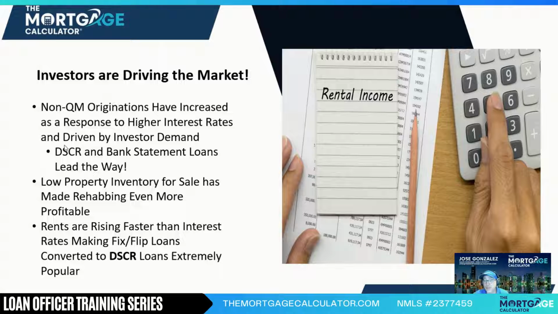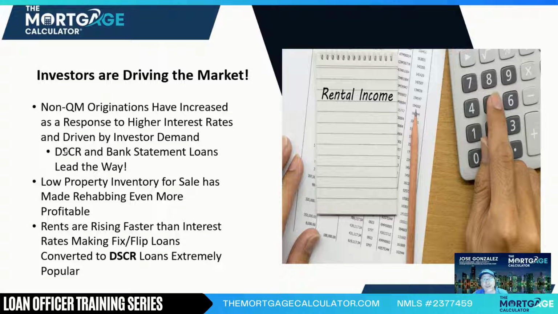So then that takes some outside the box solutions here, right? Our non-QM, where we have our previously full doc with tax return borrower who's self-employed now says, you know what? I'm going to use bank statements instead now to qualify. So now our non-QM originations definitely increased due to those reasons.